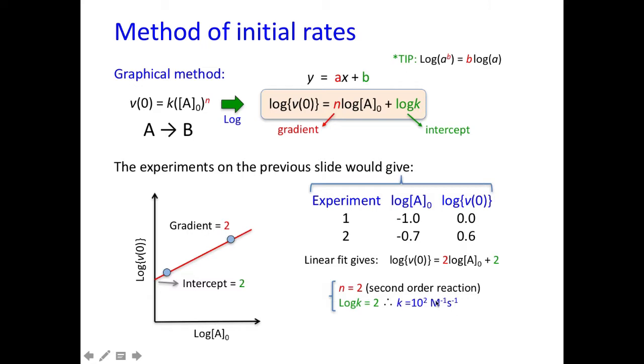The units are typical for a second order reaction. So the rate law would be given by this expression here. So this reaction is second order with respect to reagent A.